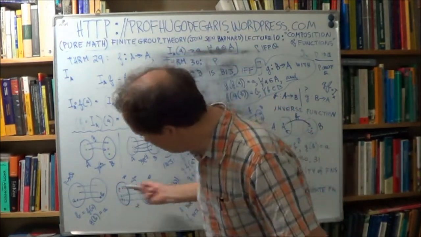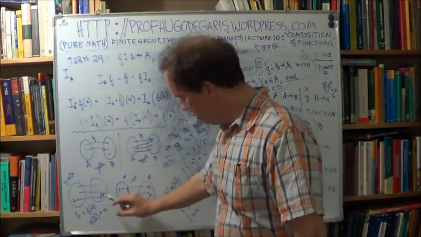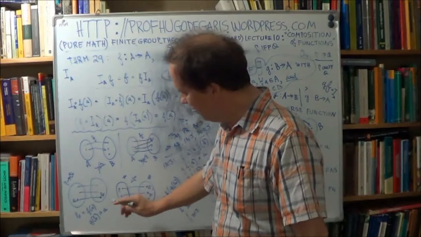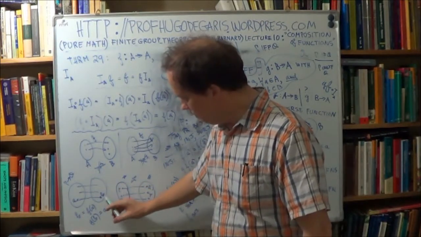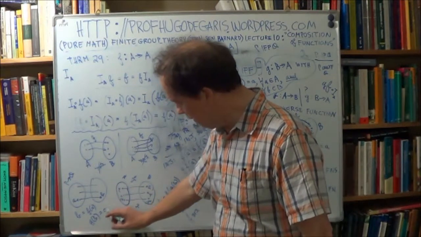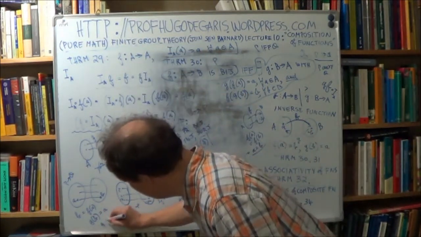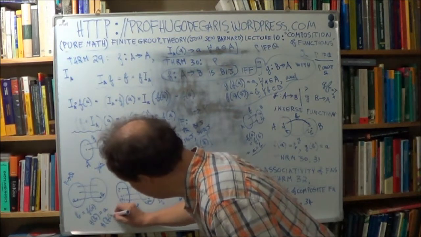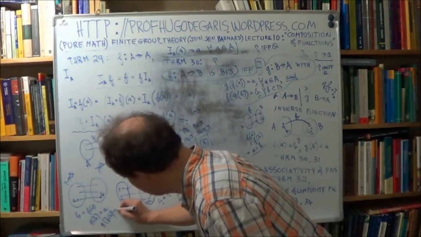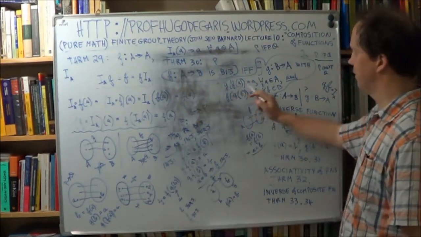So if your G's going that way, F going this way, then because it's 1-to-1, your G of B takes you back to A, okay? But B is F of A. So G of F of A equals A. And that is here. Okay?